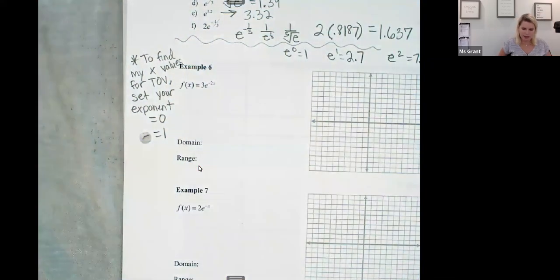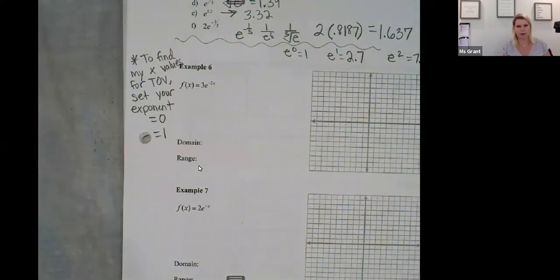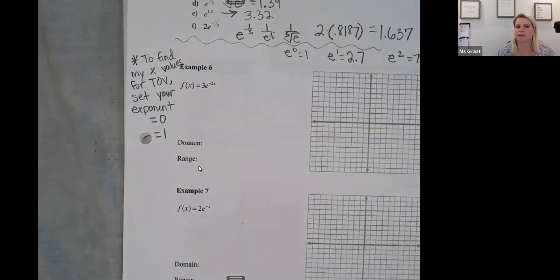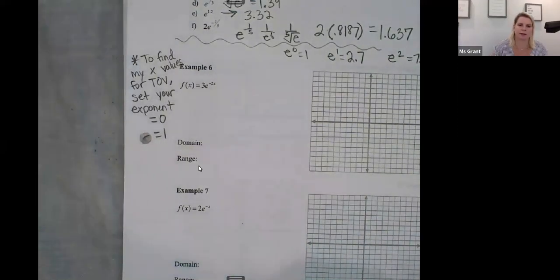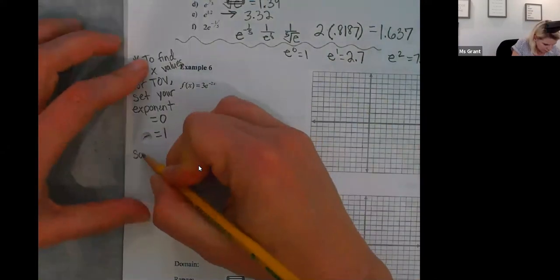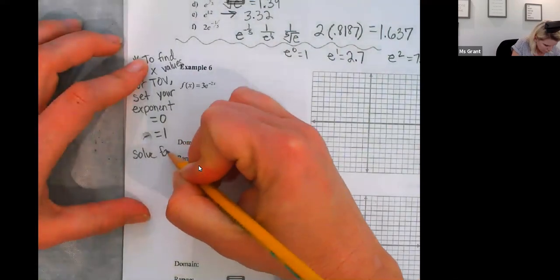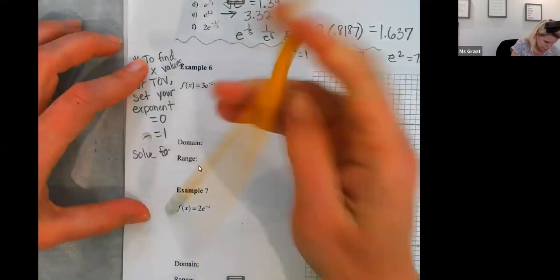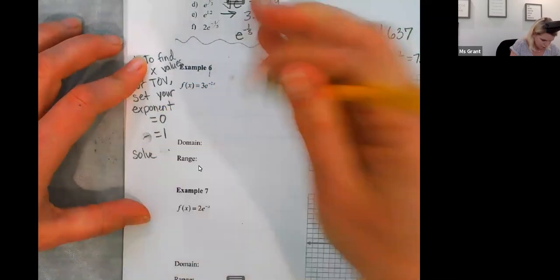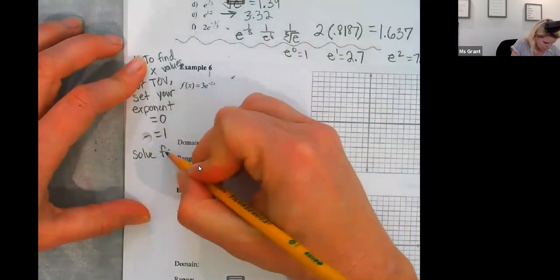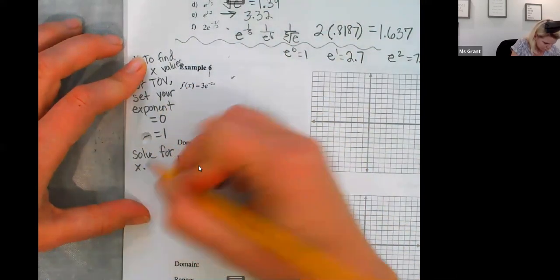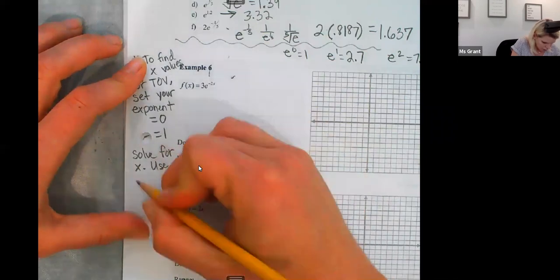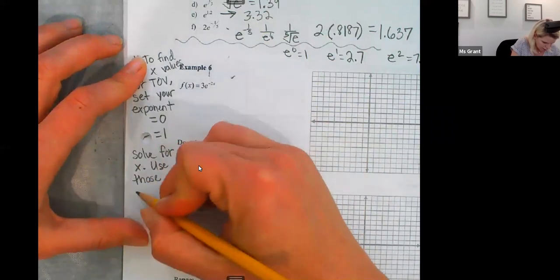Set the exponent equal to 0 and set it equal to 1, and then solve for x. Use those numbers.